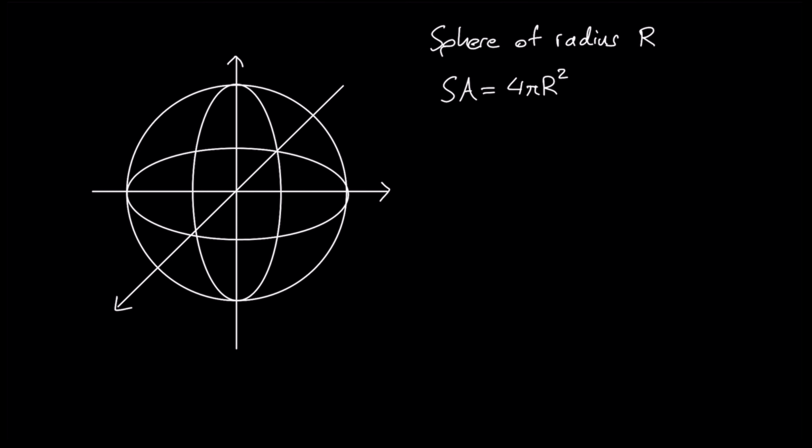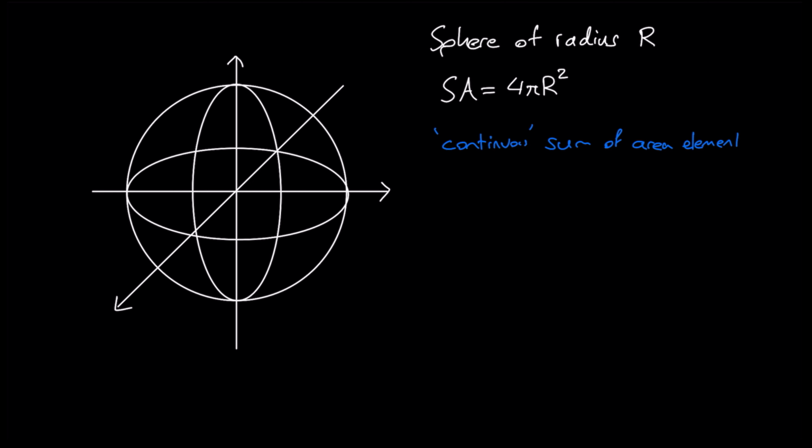To determine that the surface area of a sphere of radius capital R is 4 pi capital R squared, we're again going to consider a continuous sum, where this idea of continuous sum is integration, the tools of integration of area elements.